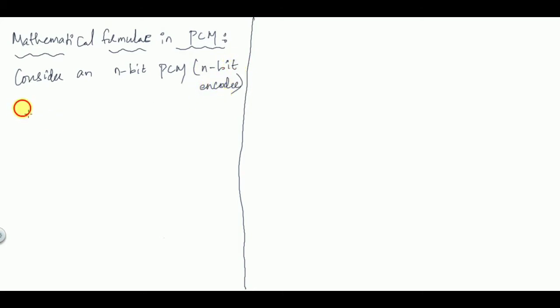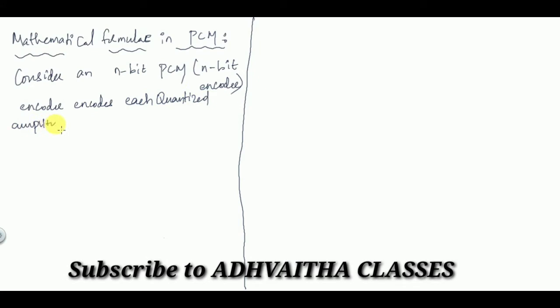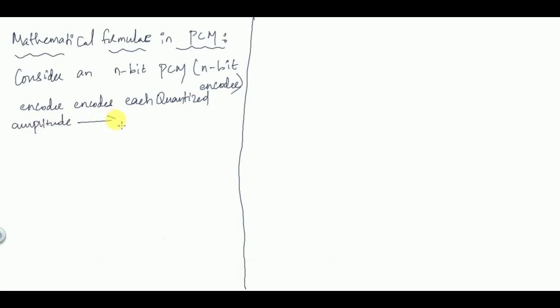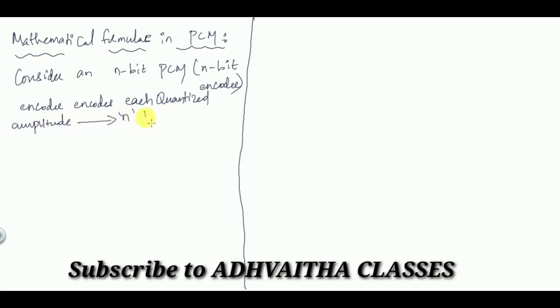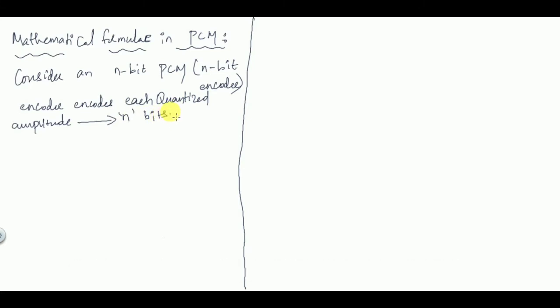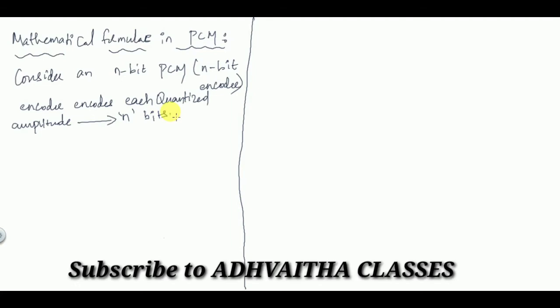Okay, that means the encoder encodes each quantized amplitude into n bits.